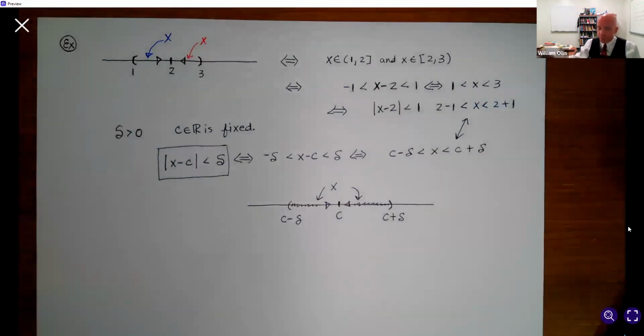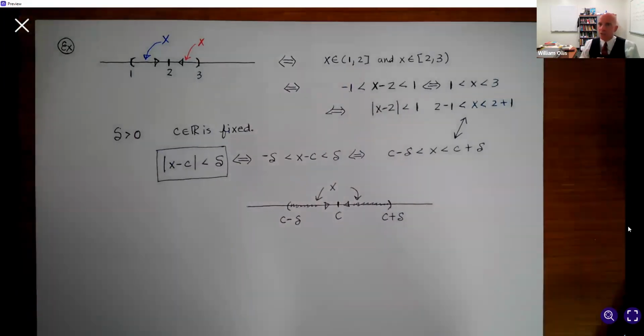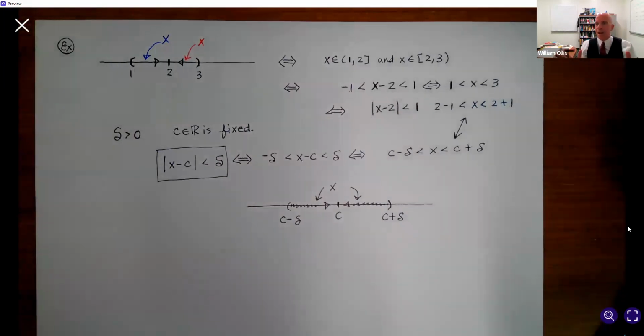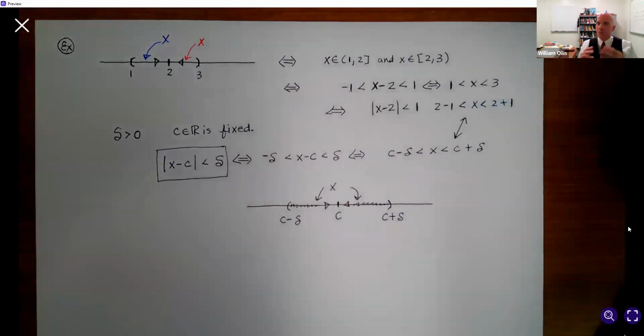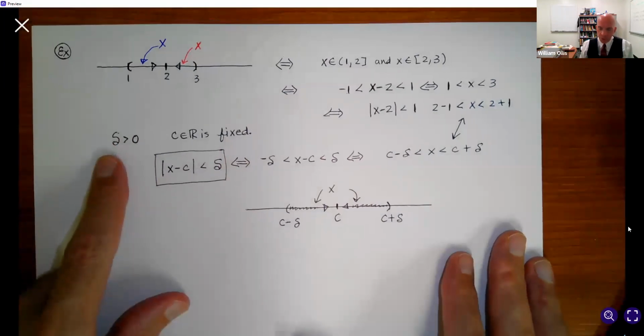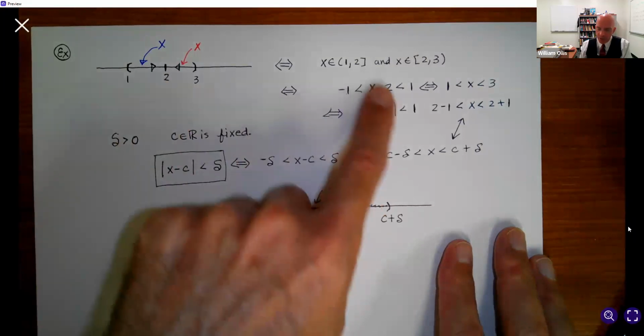So I want you to practice with the inequalities and the equalities. I want you to think about the properties of the absolute value, not just merely memorizing things, but working with them. Because if you think about the exercise we did here, being able to create the symmetric interval is very useful.